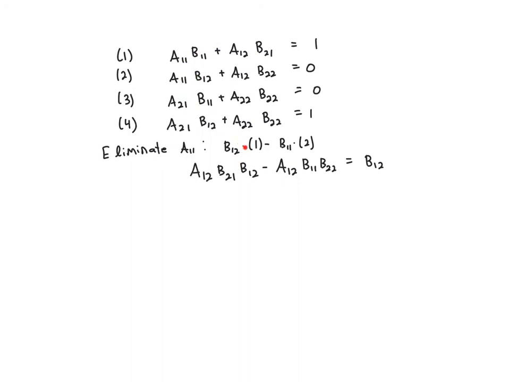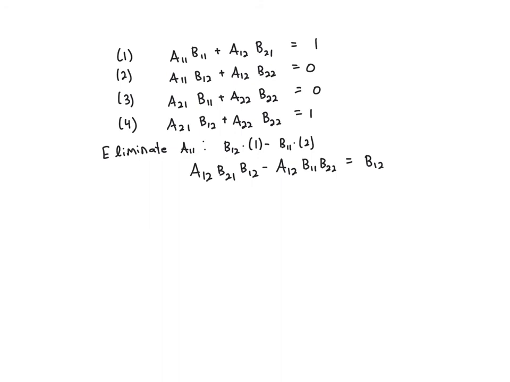So that's what we will do. And if you do that, what do you end up with? Well, you end up with B12 B21 times A12 minus B11 B22 times A12. On the right-hand side, we just have B12.